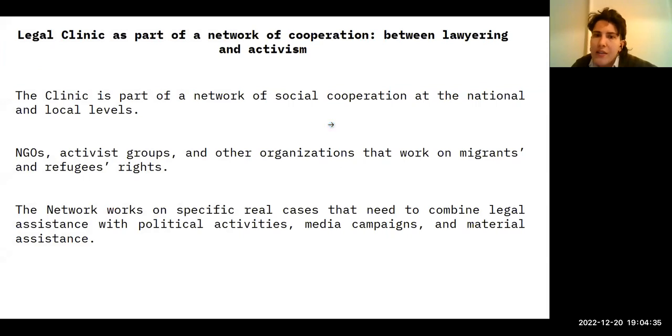So we started many collaborations with NGOs and associations that are in the city and are active in this field.